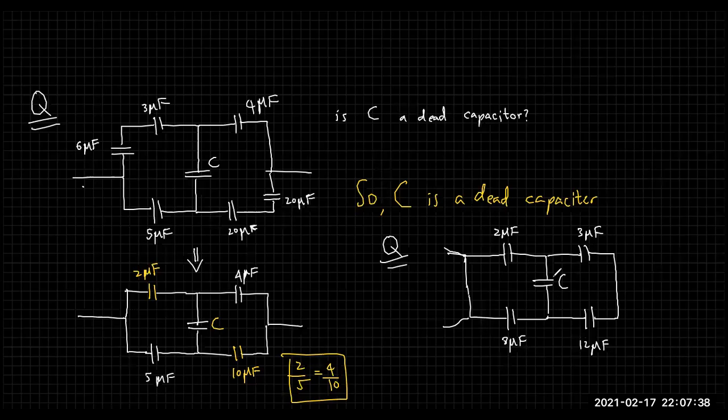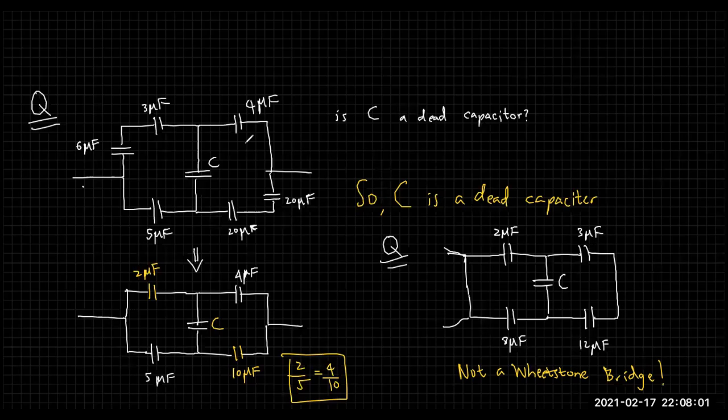This is not a dead capacitor. It is not a Wheatstone bridge. For it to be a dead capacitor, first it has to be a Wheatstone bridge. Now, okay, 1:4, 1:4. But look at this part.